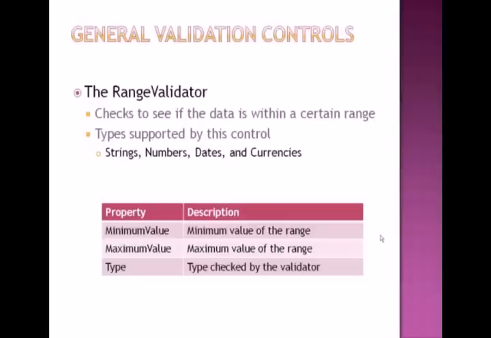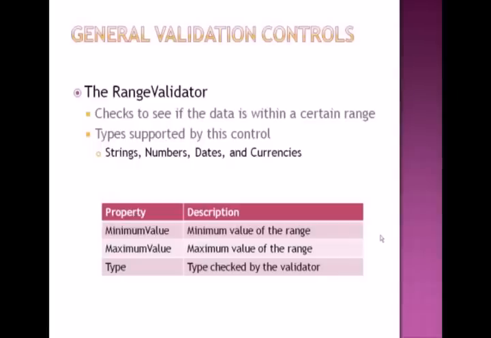And it could check different data types like strings, numbers, dates, currencies. Numbers could be integers, doubles, floating points, and so forth. For example, you can check to see if a number is between 1 and 10, or between a range of currencies.